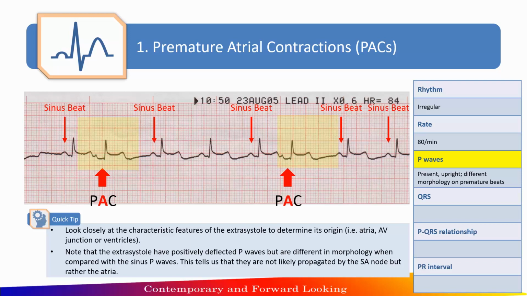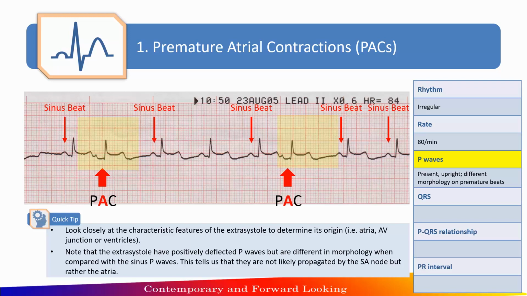Now, how did we come to that conclusion? Simply put, when a beat originates from the same foci, you will expect all the children of that foci to look the same and have the same features. They can't be from the AV junction because we will see later that rhythms that come from the AV junction will have upside down or negatively deflected P waves, or P waves which are hidden under the QRS.